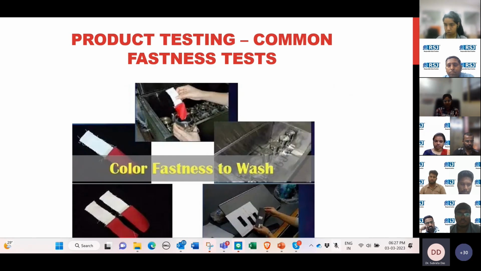Now there are many such tests available. Color fastness to wash is very important, and a lot of importance is given to it for the consumers. And why is it important?